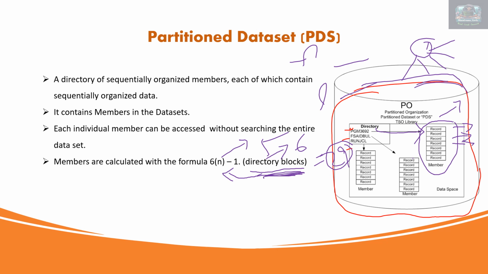This data set will be in only one volume. It cannot extend to more than one volume. Like I told you, a PS can be shared up to 59 volumes, but a PDS can stay in only one volume, and in one volume it can go up to only 16 extents.